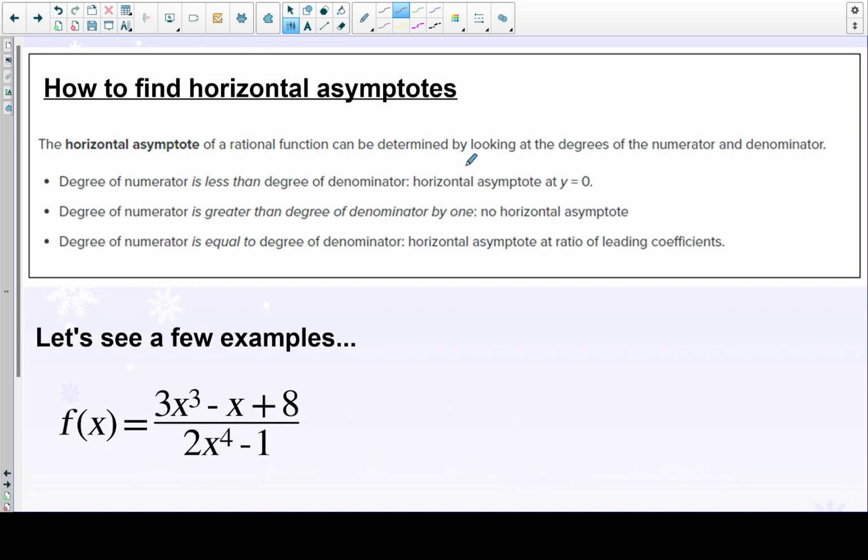Okay. Ultimately, it leads us to the following definition. The horizontal asymptote of a rational function can be determined by looking at the degrees of the numerator and denominator. So here's the thing.